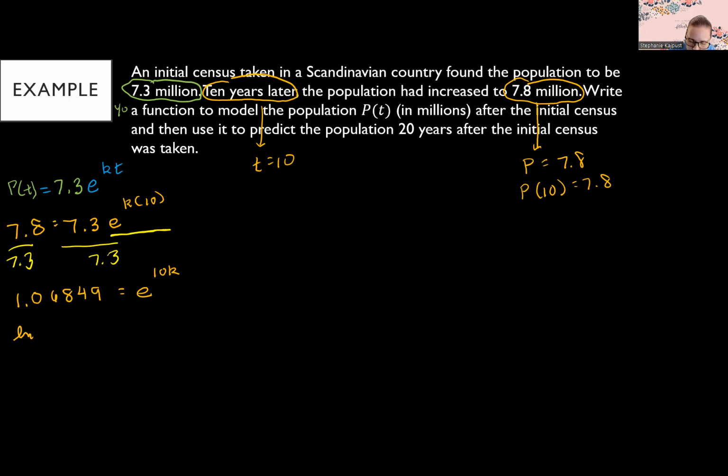So I'm going to have the natural log of 1.06849 equals the natural log of e to the 10k. And that natural log and the e essentially cancel out. So you just have 10k on the right, and then we need to use our calculator on the left.